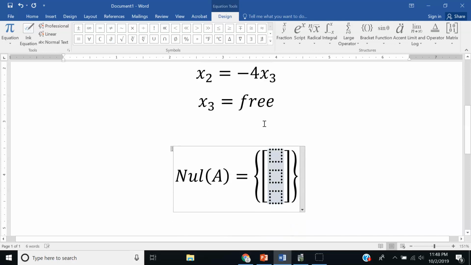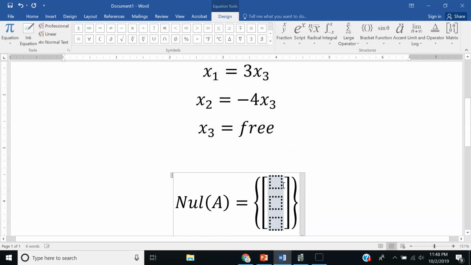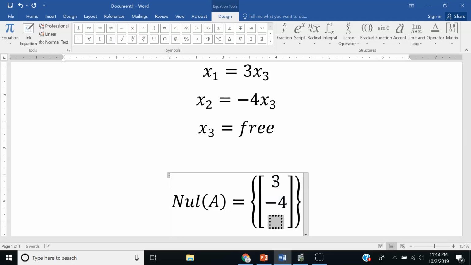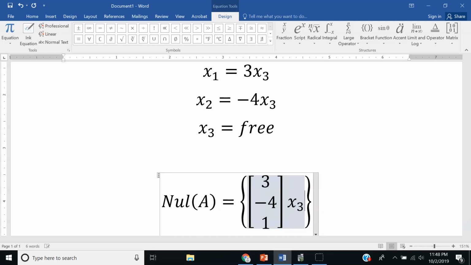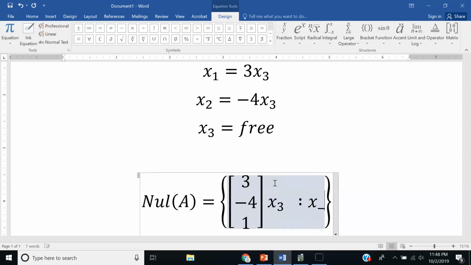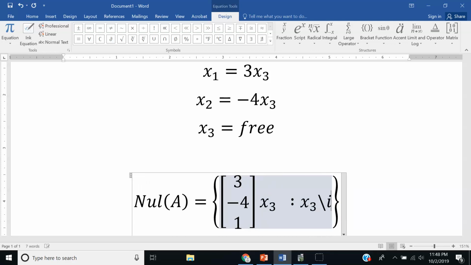So they're going to look like all vectors of the form 3, negative 4, 1 multiplied times some constant x3, such that x3 is some real number.